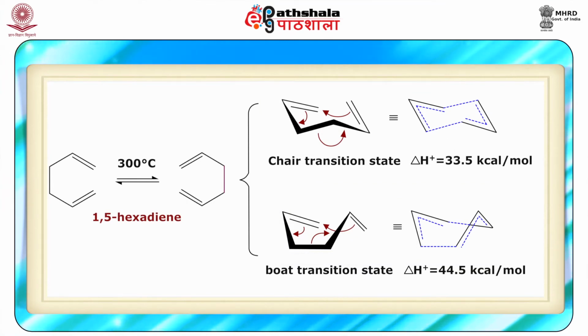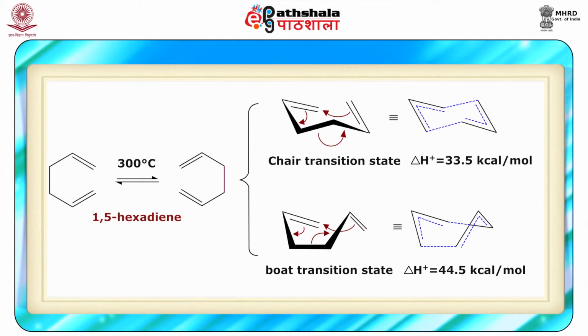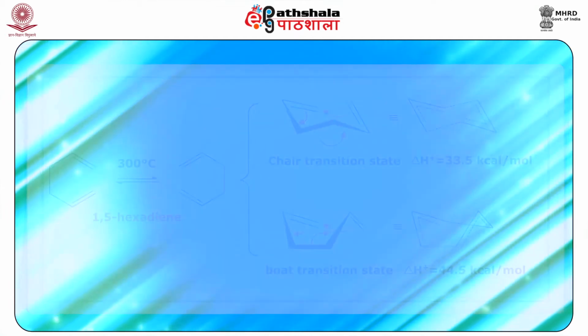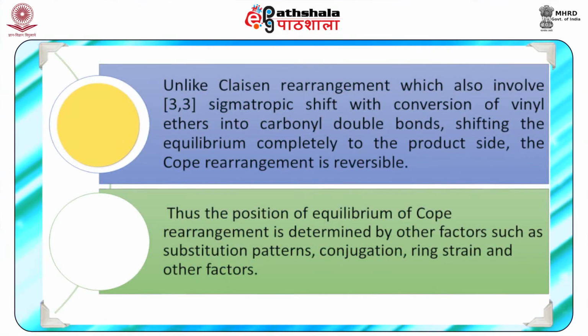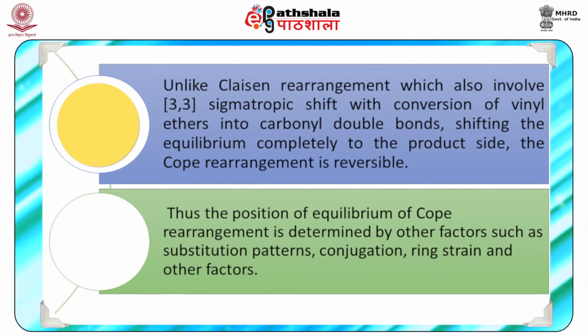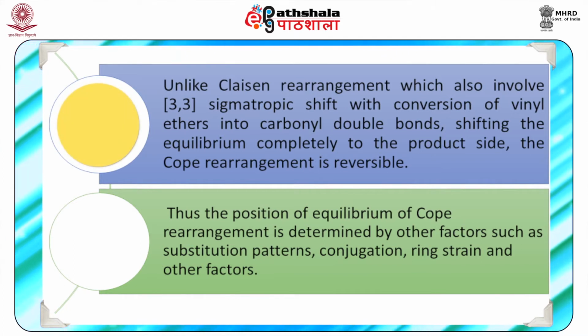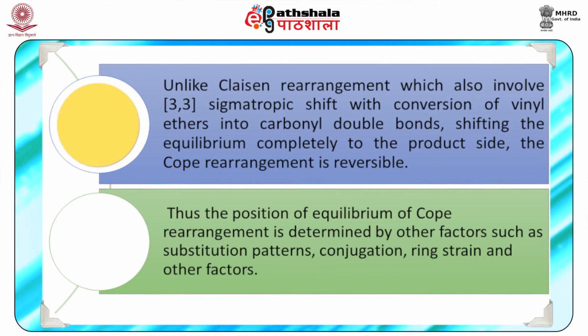As the product is indistinguishable from the reactant, therefore, we use isotopic labeling to ensure that change has occurred. Unlike Claisen rearrangement, which also involves 3,3 sigmatropic shift with conversion of vinyl ethers into carbonyl double bonds, shifting the equilibrium completely to the product side, the Cope rearrangement is reversible.